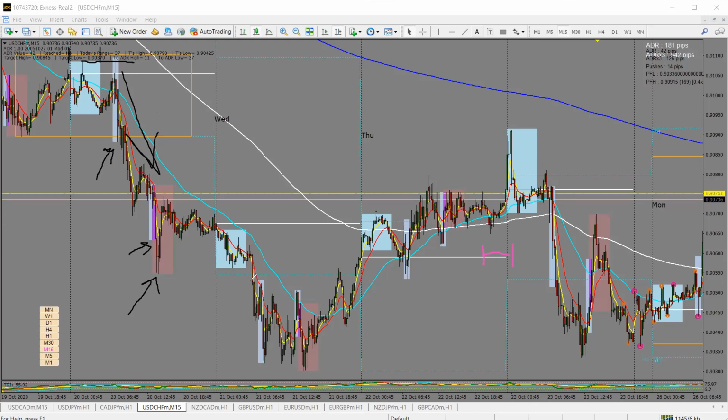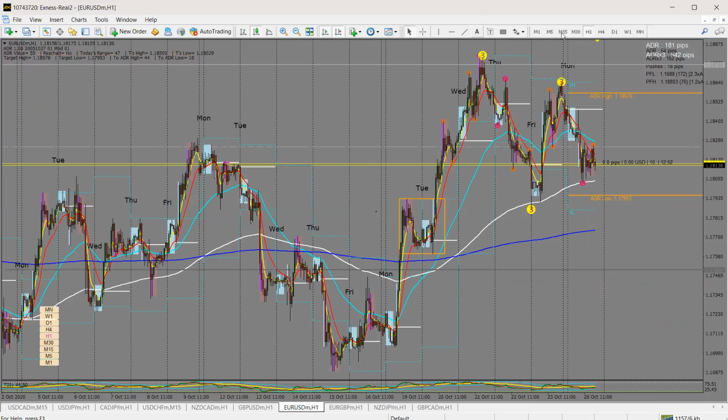Look at what happened the following day. We broke outside, went and created the low, and then went up. So we are simply trying to say we formed a type 1 right here, and we formed a type 2 right there. All right, now we're going to come to entries. I'm simply trying to show you different pairs and clear examples of what I'm actually talking about, okay?